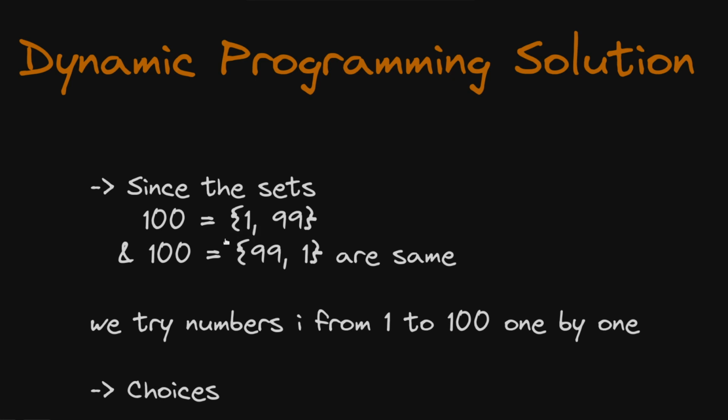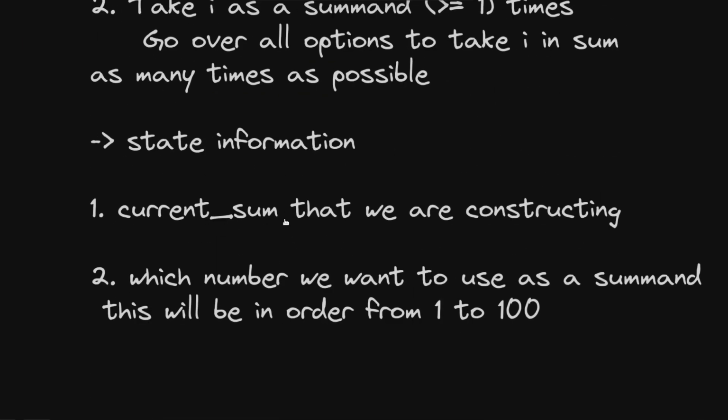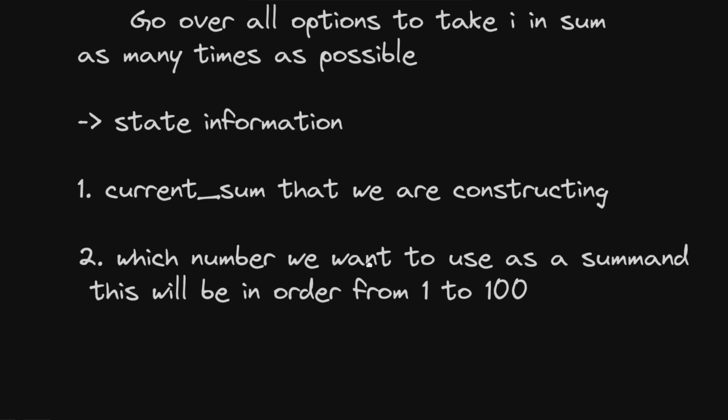If we take 1 five times, then our current sum will become 5, and for the next recursive call, we are going to tell it to start taking its choices from the number 2, with current sum 5, so that the ordering is independent.